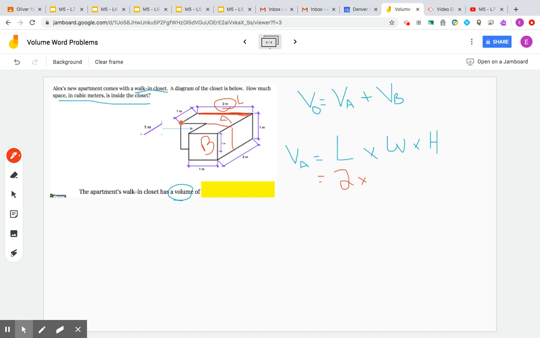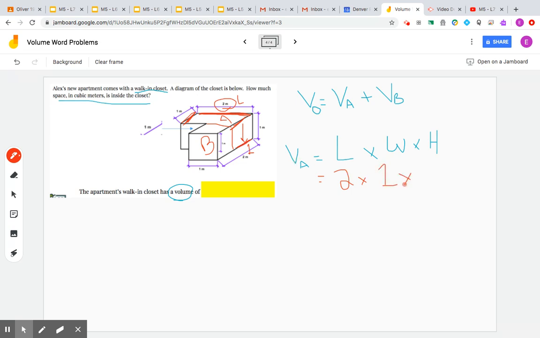My width is off to the side, and it's going to be 1. So that means this and this piece right here is going to be 1 meter. Because a property of rectangles is that the width matches. So 1, that means this is 1, means this bottom piece is 1.